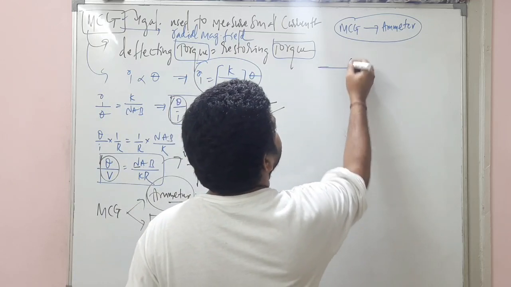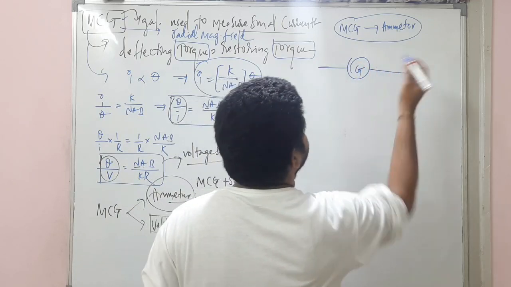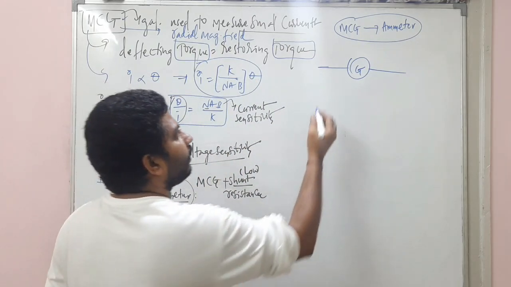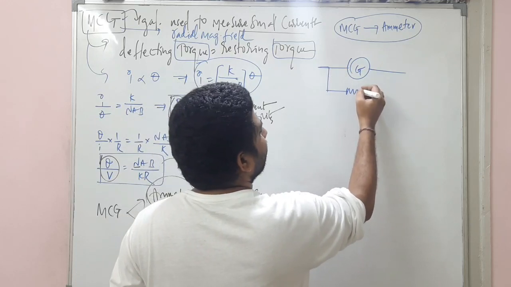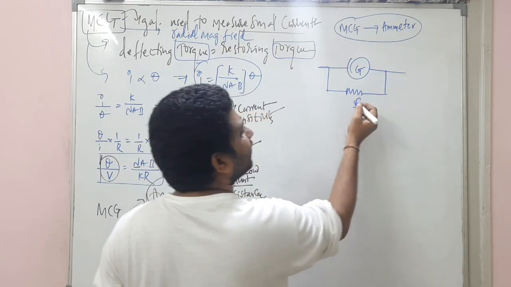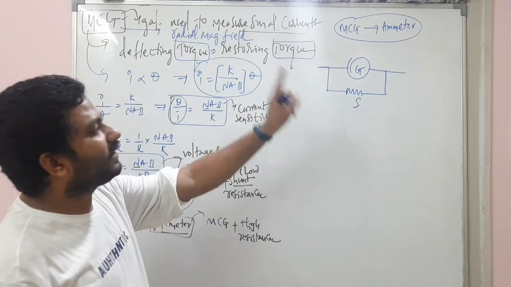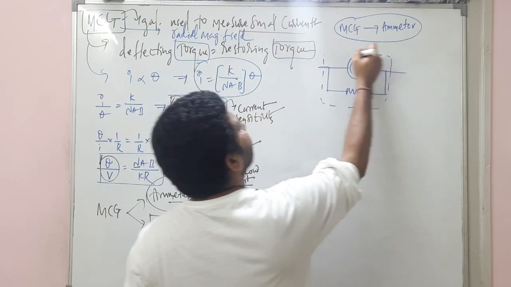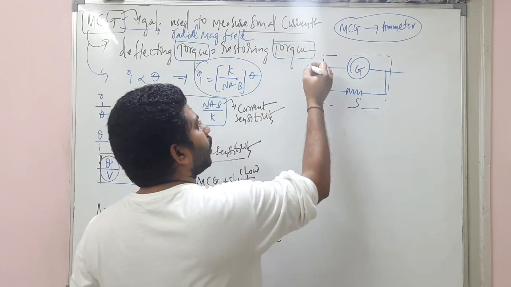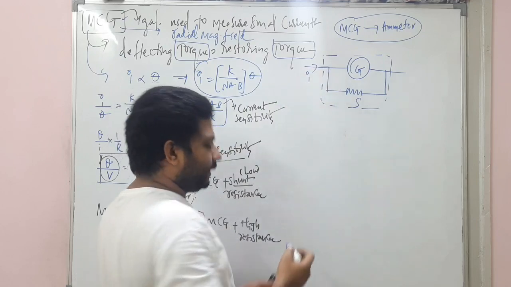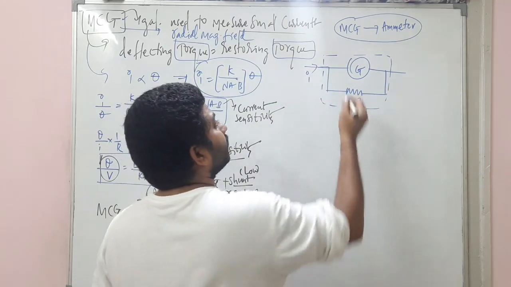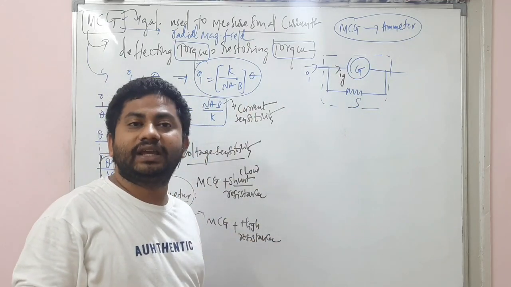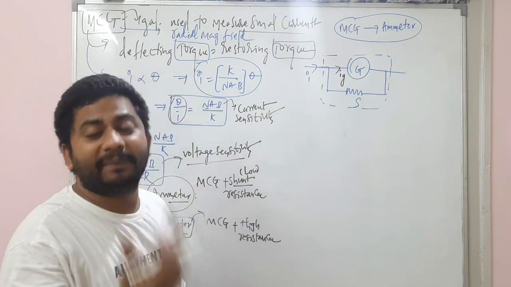Listen, my dear students. There is a galvanometer here. We need to convert it to an ammeter. When you connect a low resistance called a shunt, this complete setup behaves as the ammeter. Total current passing through the circuit is I. The current through the galvanometer, Ig, is responsible for the maximum deflection in the galvanometer without any damage to it.